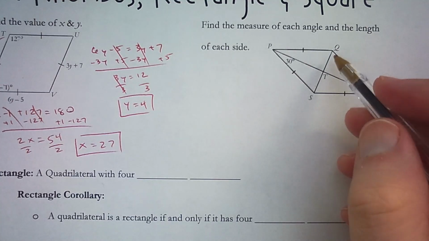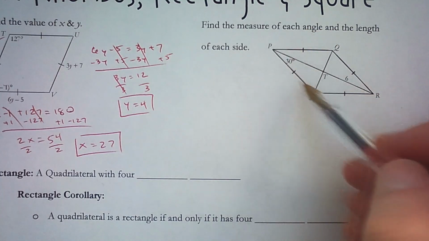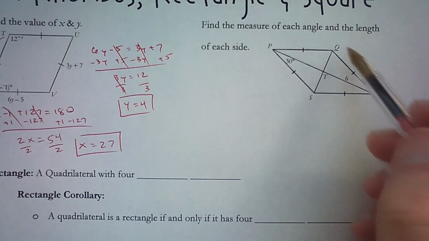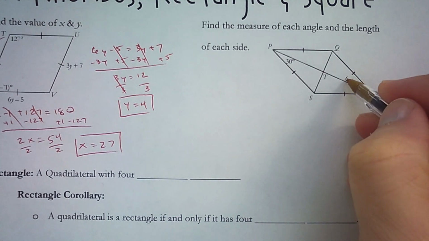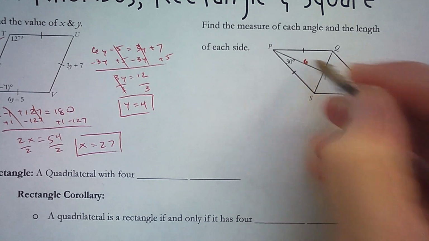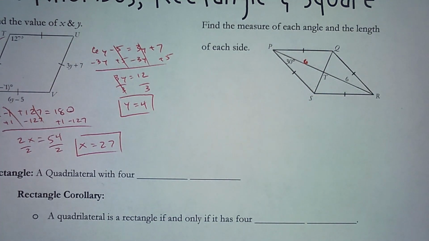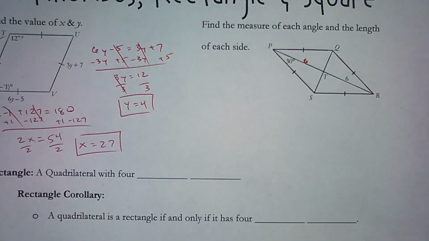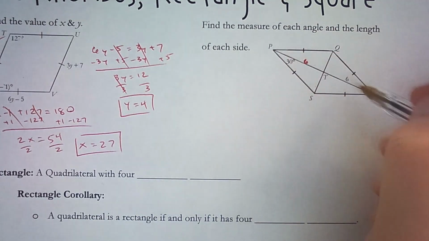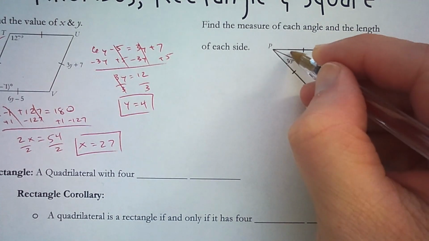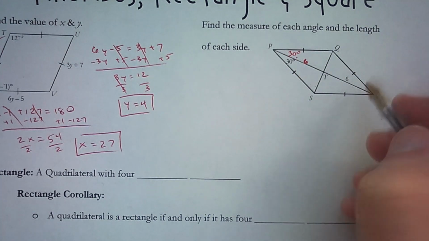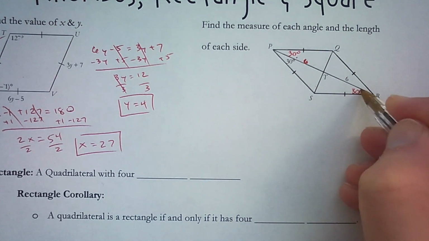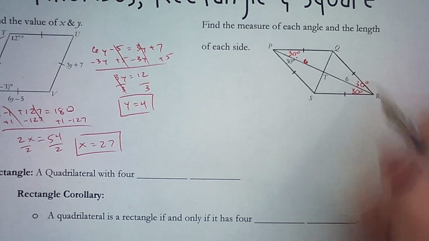And last, with a rhombus, we want to find every angle measure and every segment length in this picture. Okay, so I've got a 6 here, which means there's a 6 here because diagonals bisect each other. I also know that angles are bisected by the diagonals, so if there's 30 here, then there's 30 degrees here. And opposite angles are congruent, so if there's 30 degrees here, then there's 30 degrees here.